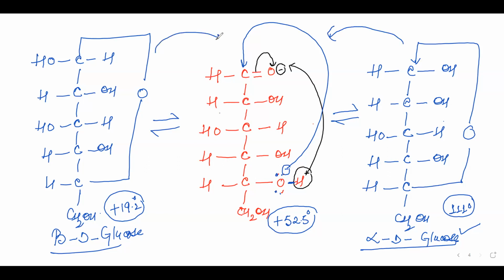So what do you see here is glucose originally has which structure? Cyclic. But when you take the aqueous solution, this cyclic structure as well as this cyclic structure changes into the open chain structure.